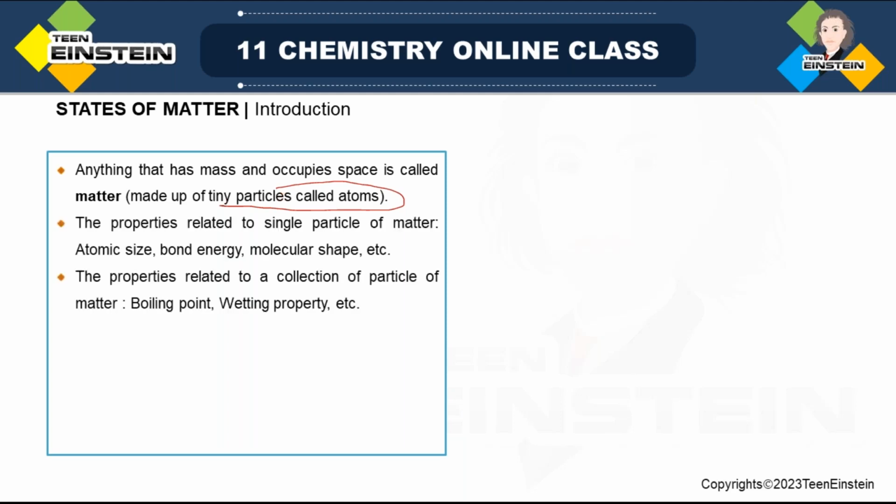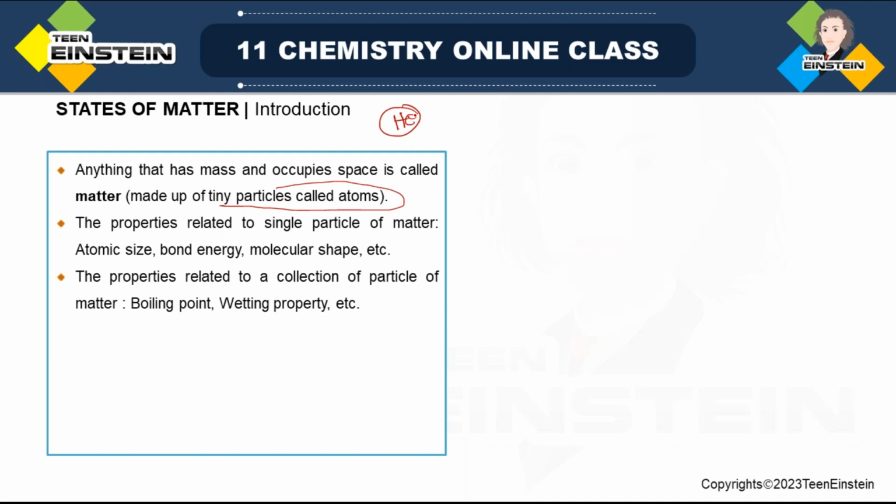Now the properties of this smallest part, that is a single particle of matter, if you consider it, it will be a molecule in some cases, and if it is a monoatomic molecule, then you can call that smallest single particle an atom. For example, if I am saying any monoatomic gas like helium, then the smallest single particle is a single helium atom, because it exists as a monoatom.